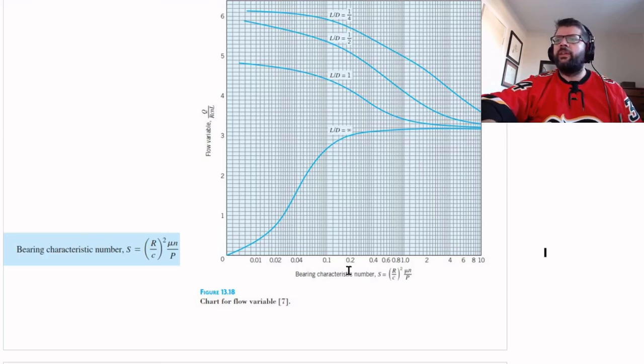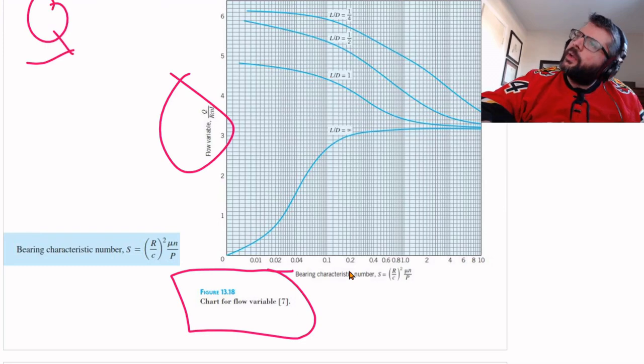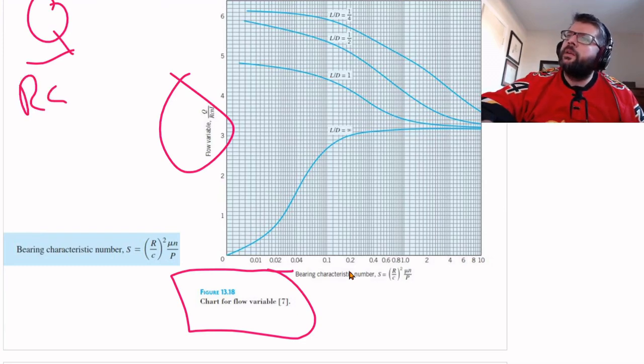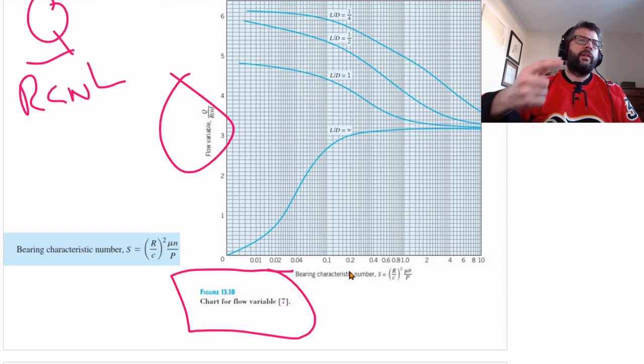So what we've got here is a flow variable, Q divided by R, C, N, L. Unit-wise, we've got R times C times L, length times length times length, a volume, and then N is in per second.